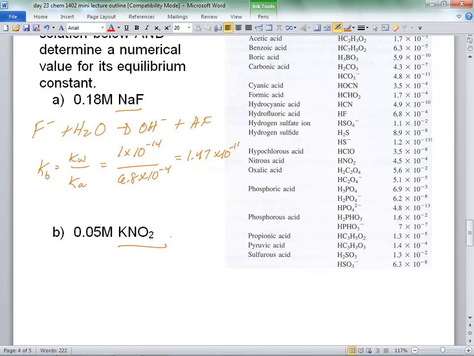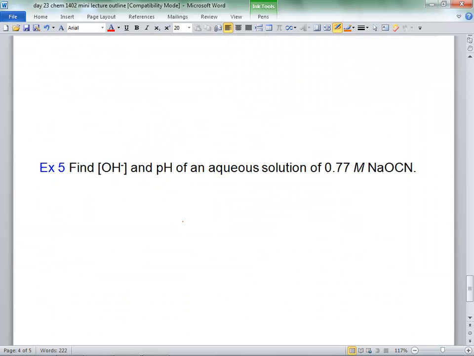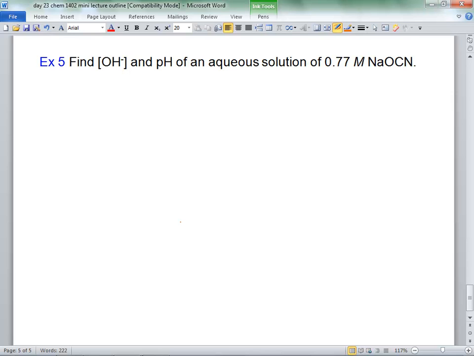Okay, let's jump way down to the most difficult question I can ask you. That's number 5. I would suggest going back to your desk so you can actually write this out. Find the hydroxide concentration and pH of a solution of 0.77 molar NaOCN.